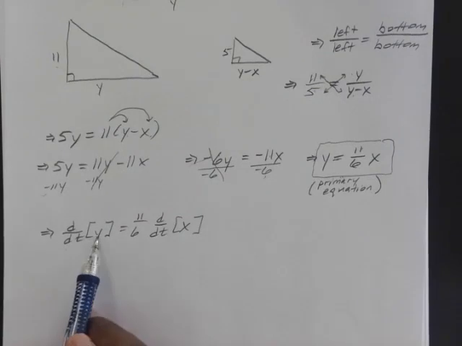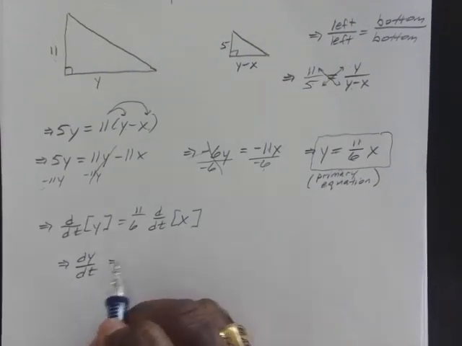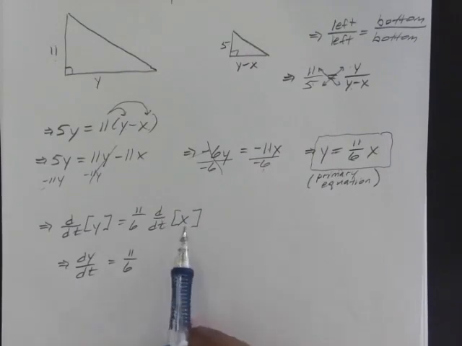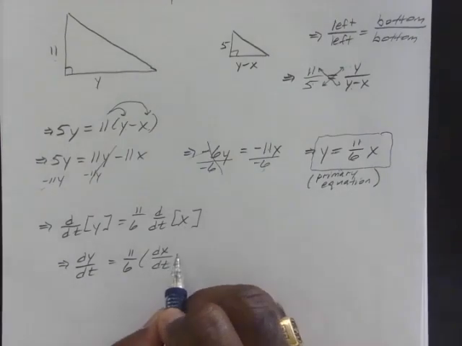Again, this is just y by itself, so we can rewrite that as dy dt is equal to 11 over 6, and this is just x by itself, so we can rewrite that as dx dt.